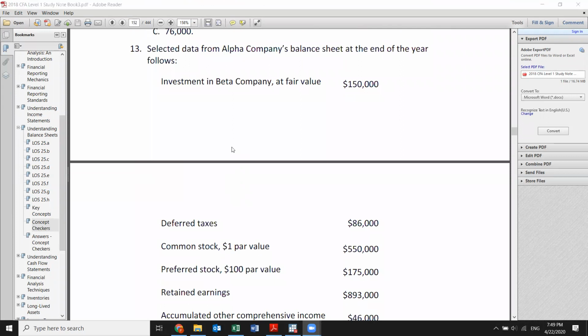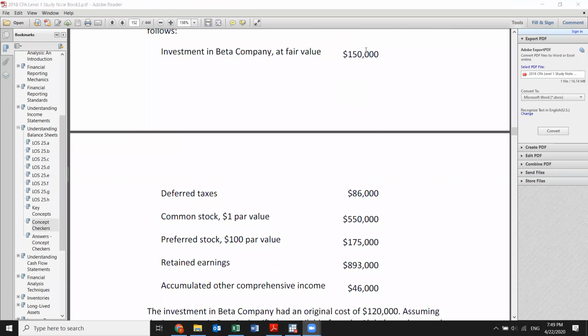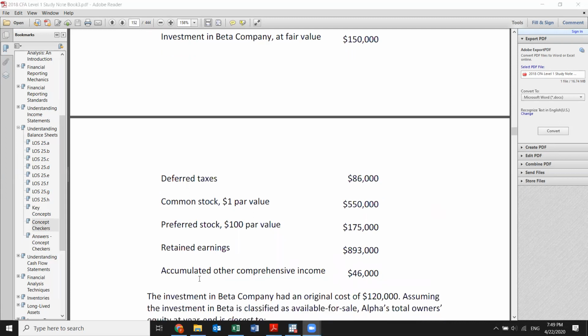In here we're given the balance sheet at the end of the year. 150,000 is the investment in a company at fair value. Deferred taxes 86,000. Common stock 550,000. Preferred stock, $100 par value, 175,000. Retained earnings and accumulated other comprehensive income.